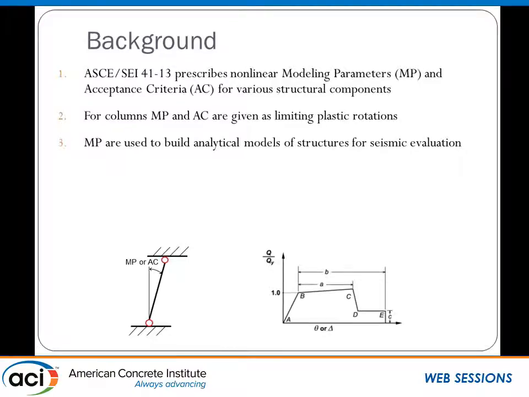The modeling parameters themselves, for those of you that are not familiar with the work of ASCE 41, are what define the backbone curve for a particular element. So if you take, let's say, a column and you push it sideways, you have the elastic portion, then it yields, you get the inelastic portion, and at a certain point you're going to get loss of lateral strength.